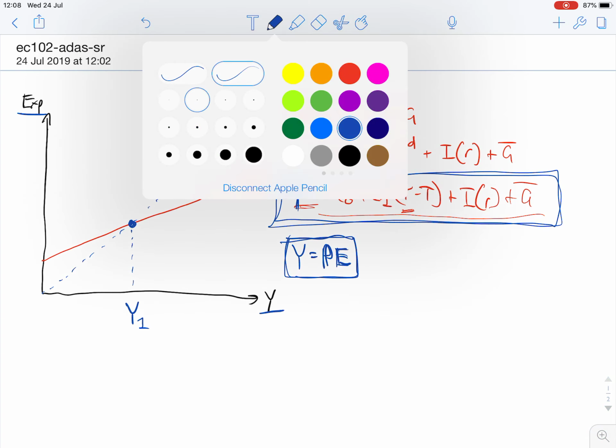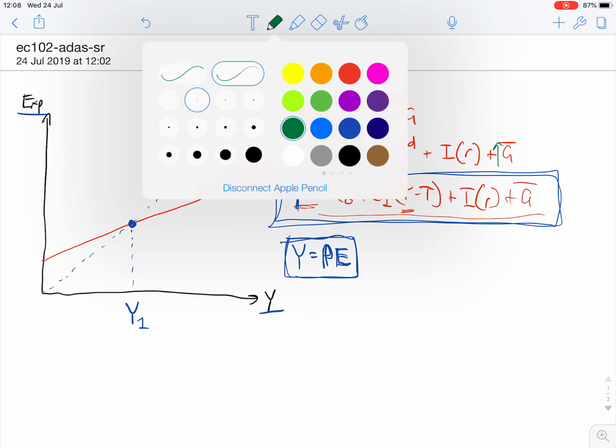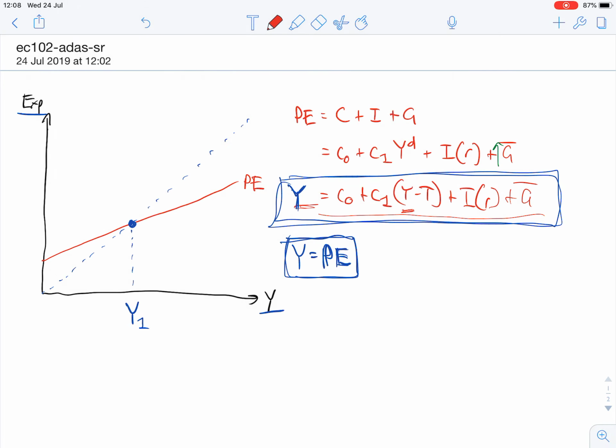So an exogenous impact in government spending will impact the planned expenditure curve by increasing G here. So I'm going to show that as a shift in planned expenditure to a new higher level, PE2. And let's just remind ourselves that PE2 is some function of variables, one of which is G2.